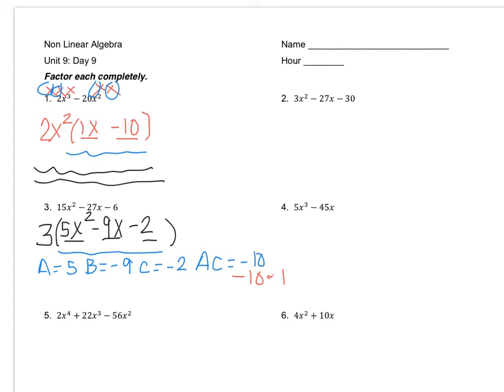So here we go. I replace this right here with what I got over here. So 5x squared minus 10x plus 1x minus 2. I'm just going to run right down into the next problem here.